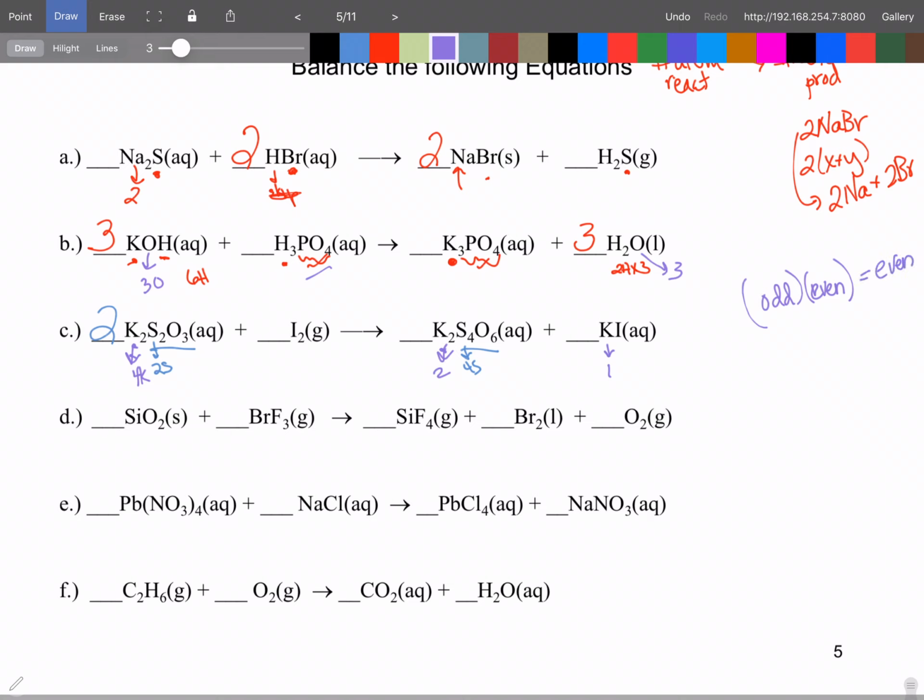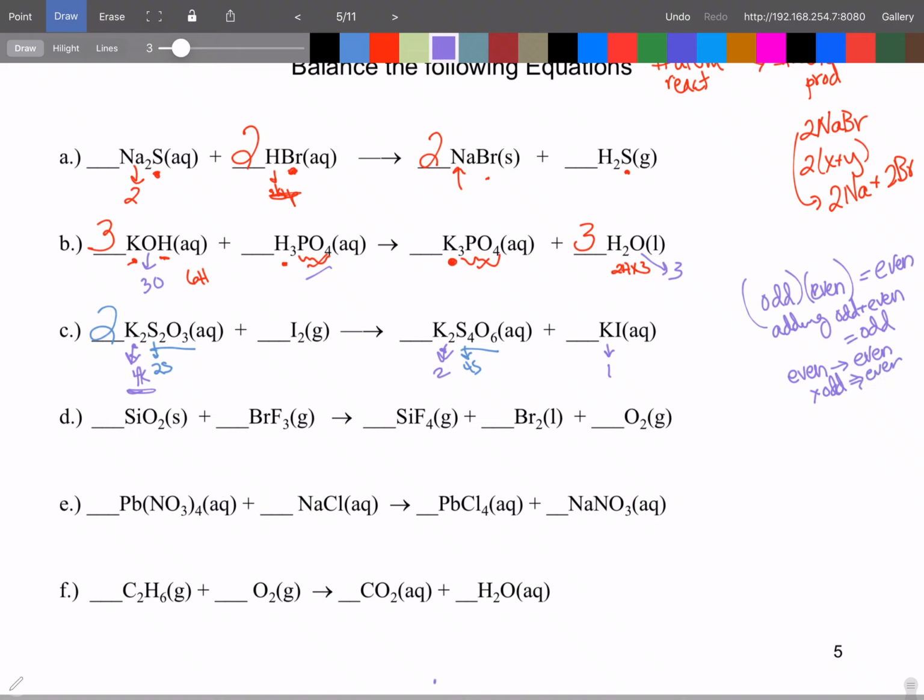But if you're adding an odd plus an even, that will always give you an odd. So if you have an even number on one side, you have to end up with an even number on the other side. So the easiest way to fix that is to multiply an odd to get an even.